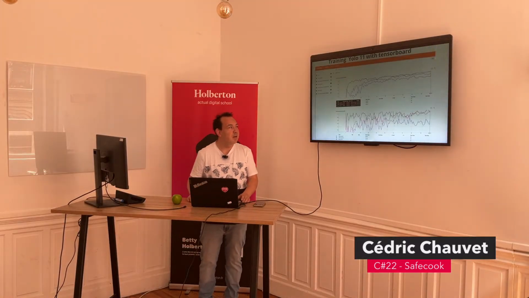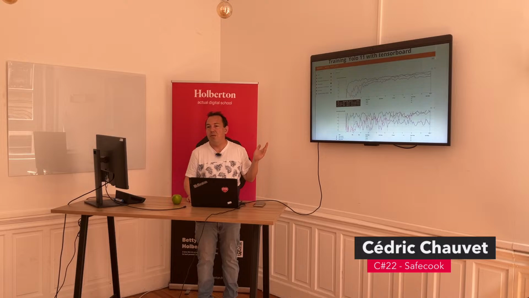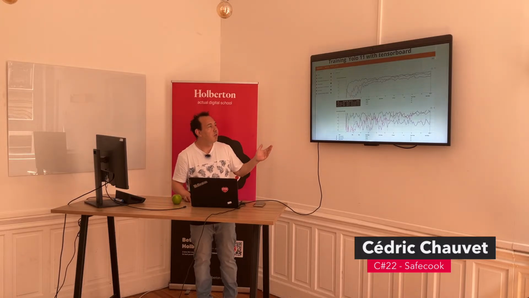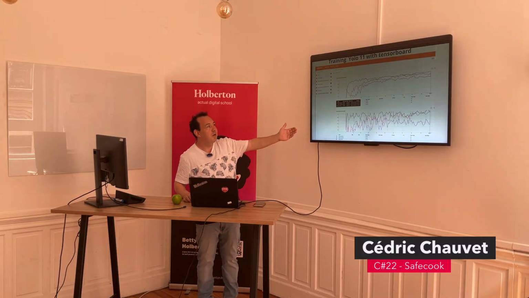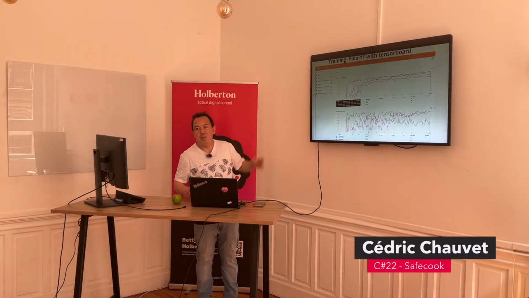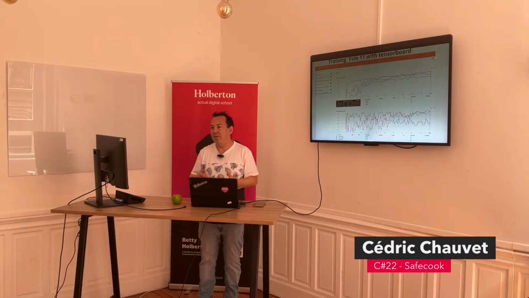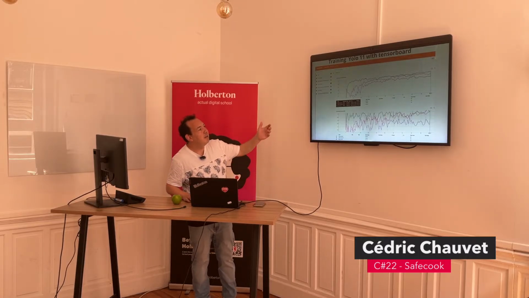We can see here a monitoring tool called TensorBoard, and there is the performance of 3 models. You can see different metrics, which are the evaluation of the performance. And we can see that the gray one is slightly better.